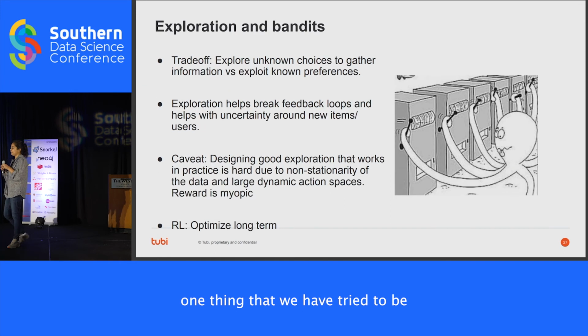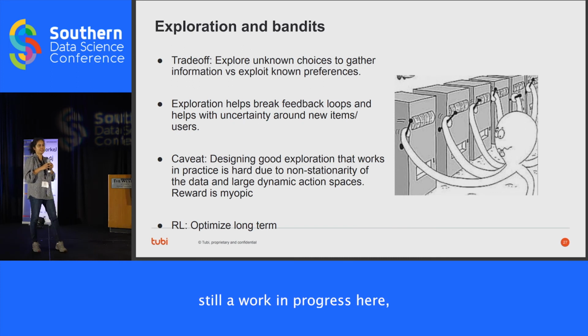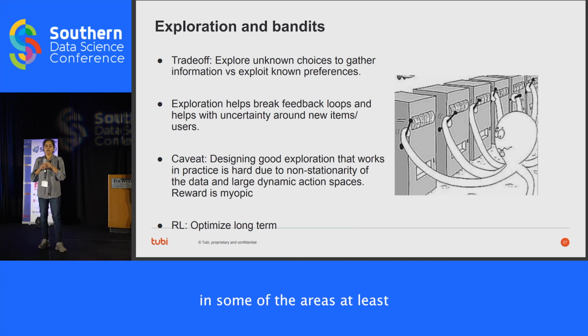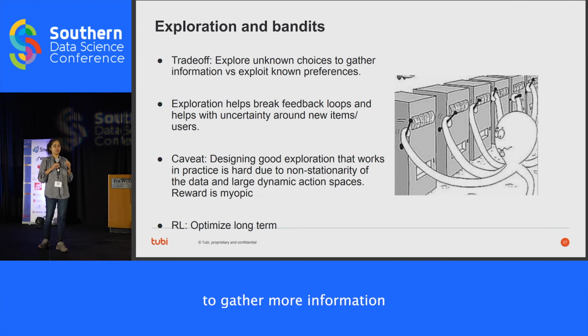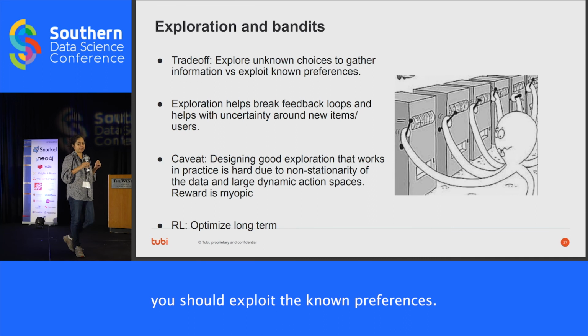Here is one thing that we have tried at Tubi, and it is still a work in progress area, but we have found it successful in some of the areas at least: trying out more of exploration and bandits. At the heart of the bandit algorithm is this trade-off, whether you should explore unknown choices to gather more information, or whether you should exploit the known preferences.